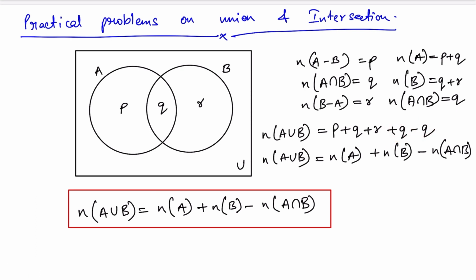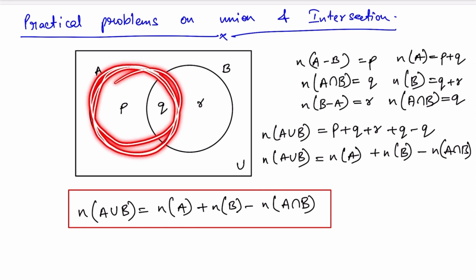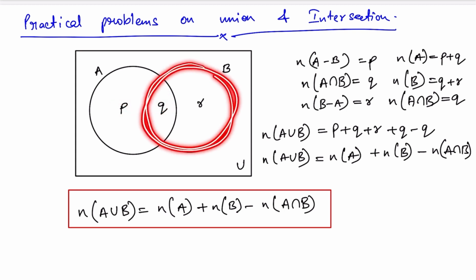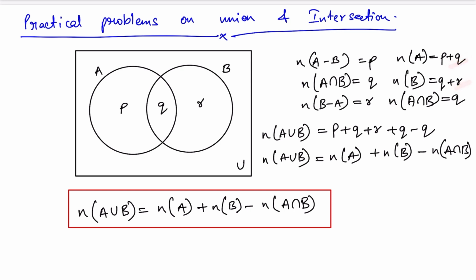Now in this region, set A has how many elements? p plus q. And in this region set B has how many elements? q plus r, that we have written here. Then in the intersection, how many elements are there? q number of elements, that we have written here.